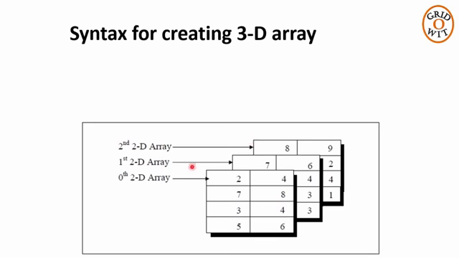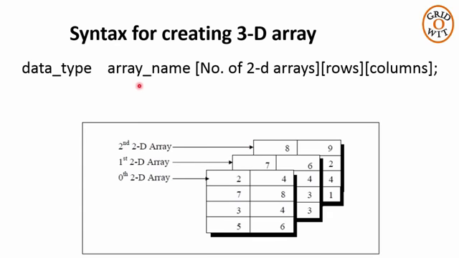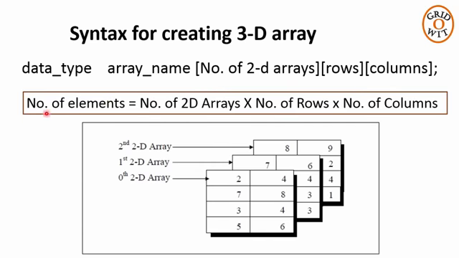So the syntax of creating a 3-dimensional array is data type, space, array name followed by 3 square brackets having 3 constant values. First value represents the number of 2-dimensional arrays, and the next 2 values represent the rows and the columns of each 2-dimensional array. If you want to find the number of elements in this 3-dimensional array, multiply all the 3 values, that is number of 2D arrays multiplied by number of rows multiplied by number of columns.